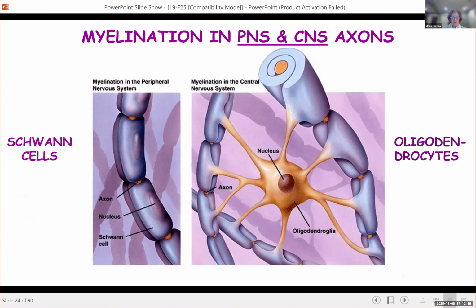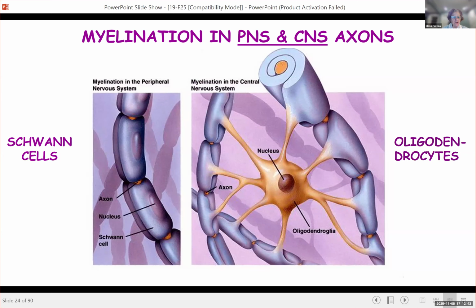Okay, so here you see the comparison between the Schwann cell in the PNS and the oligodendrocyte in the CNS. You see how different the architecture is. In the peripheral nervous system, you have one Schwann cell for each 1 to 2 millimeter section of an axon.